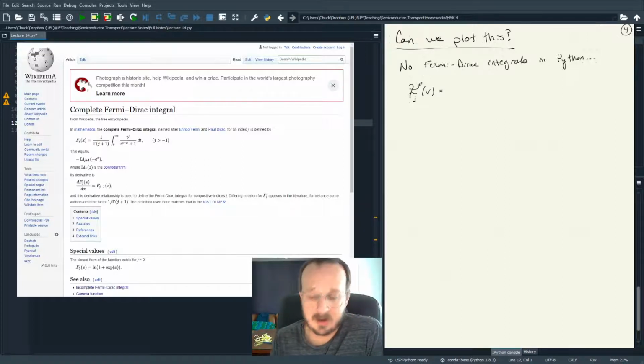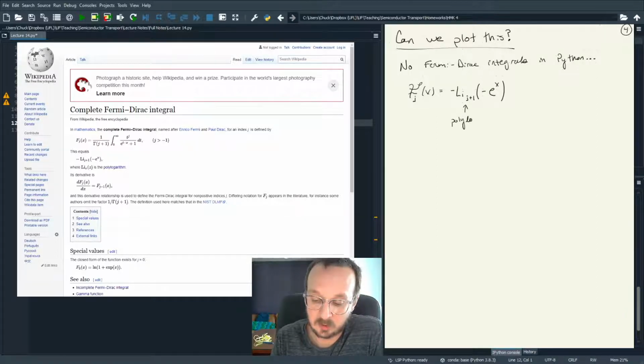So the Fermi-Dirac integral equals minus Li subscript j plus 1. So this is going to be 1 order greater than the Fermi-Dirac function, evaluated at minus e to the x. Okay, this is a Fermi-Dirac integral of x. This is called the polylogarithm.